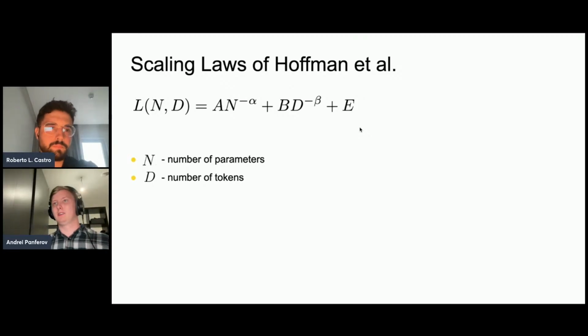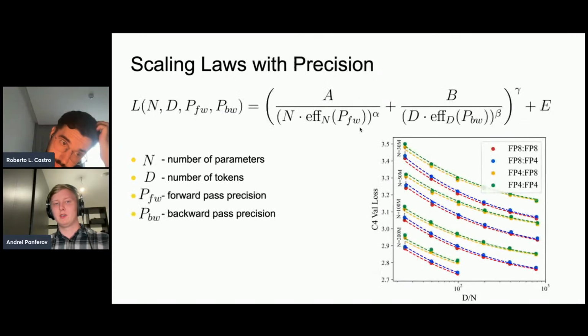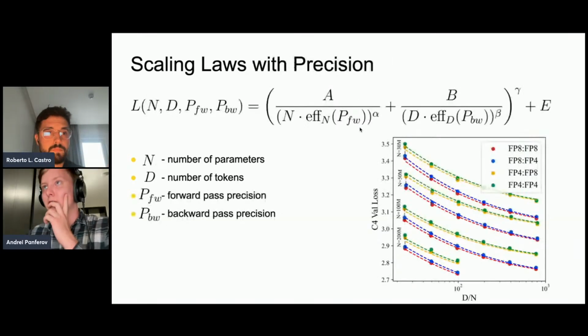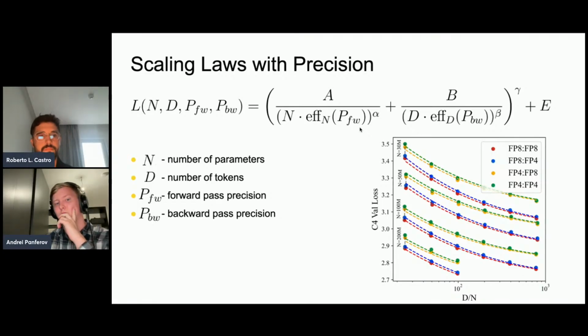And this scaling law has been validated numerous times in the literature and reused for different purposes, from compute optimal training to comparing architectures, to deriving some data saturation thresholds, and generally providing better intuition for which setups would make more sense under different constraints. And we can extrapolate this idea to include precisions into the equation.